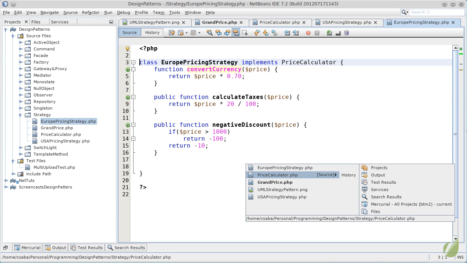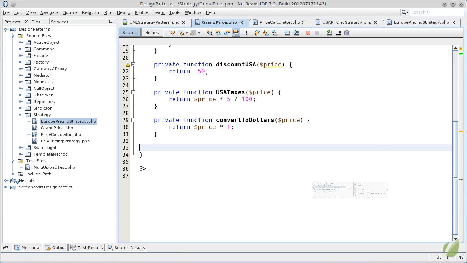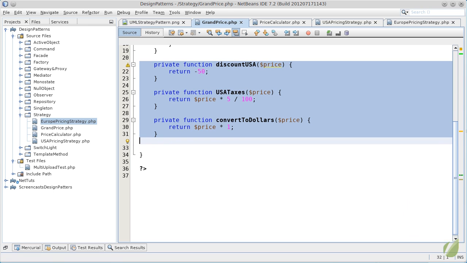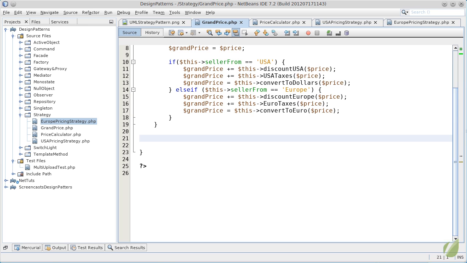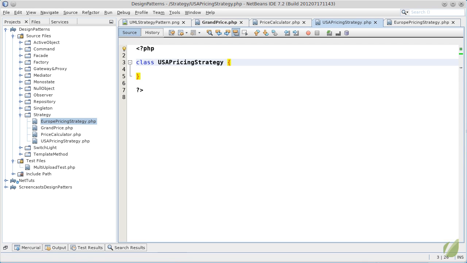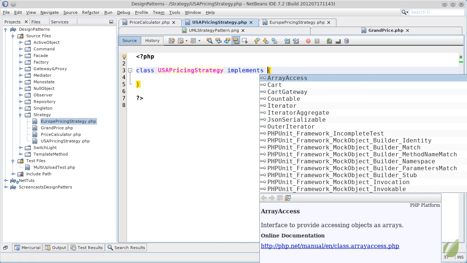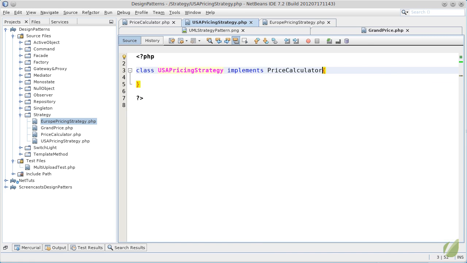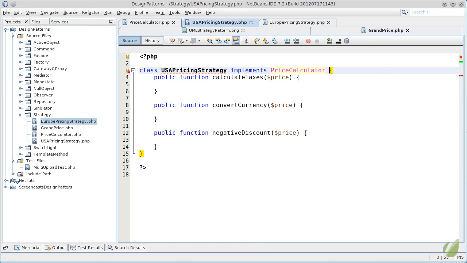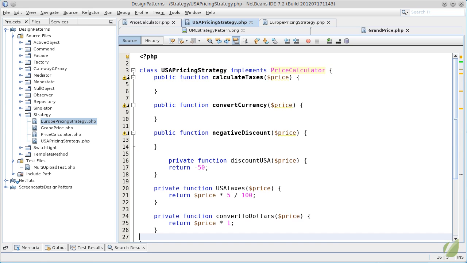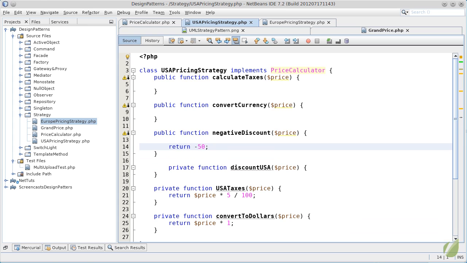The next step is to go back to grant price and take whatever we have for USA and move it in another class, the USA pricing strategy. This class also should implement the price calculator and all its public methods. And here we will paste all the information we already had.